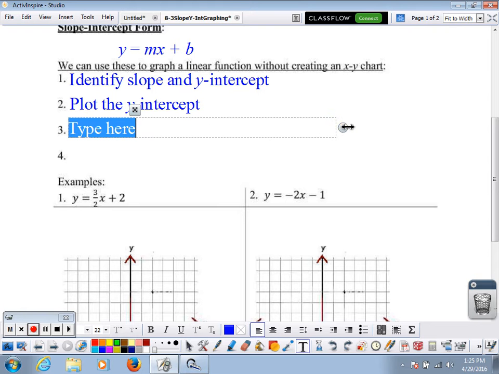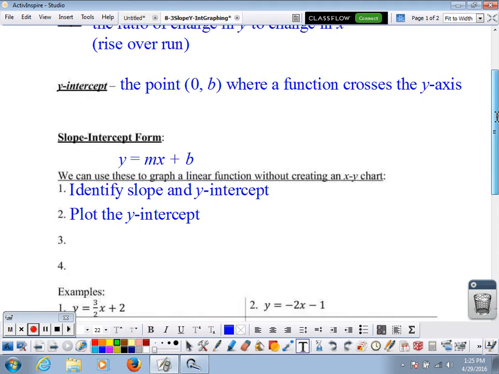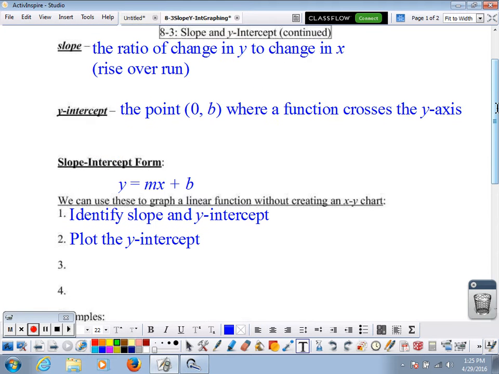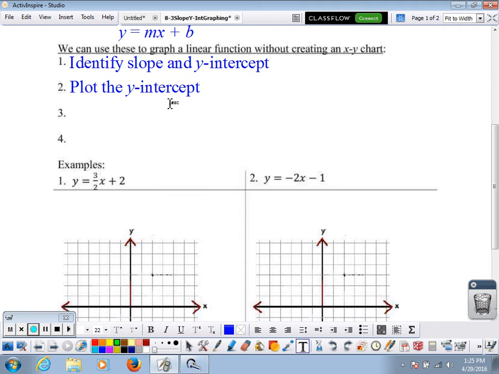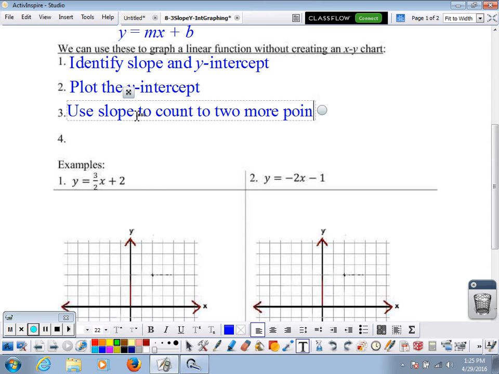Gracie? Rise over run. Okay? So we're going to use the concept of rise over run. We're going to use that slope to count to 2 more points, one on the left, one on the right.